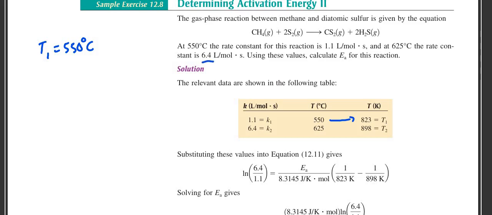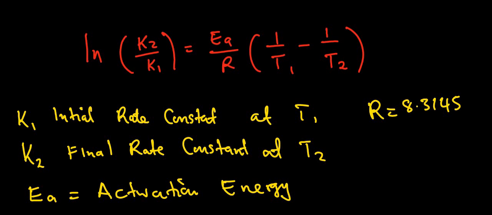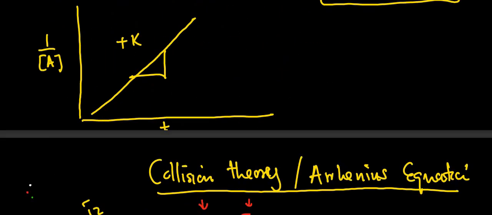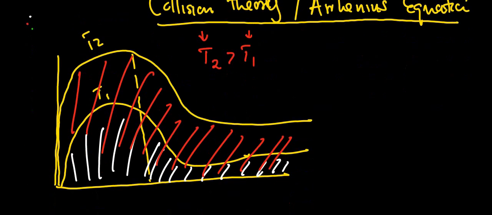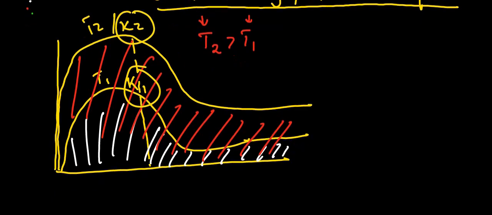So T1 gives you K1, and T2 gives you K2, because the rate of the reaction will differ depending on the temperature that you're dealing with. This is on the collision theory. You notice that K2 is always going to be bigger than K1.